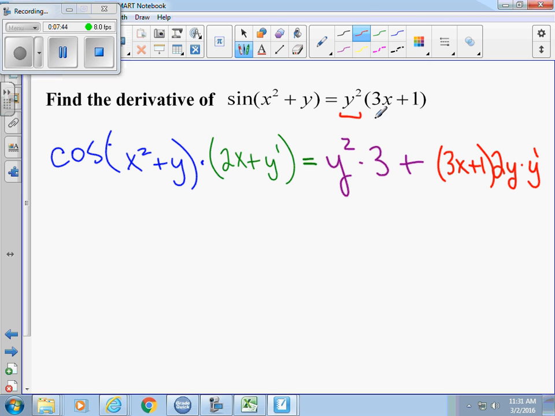Turns out this problem's pretty tricky on getting the y primes all on one side of the equation. Because they are grouped in 2, I'm going to have to do some distribution first.